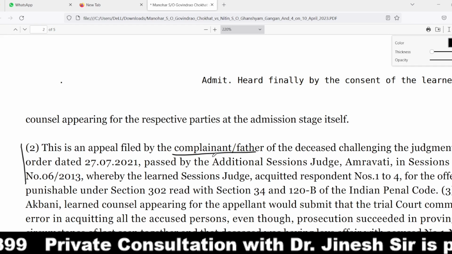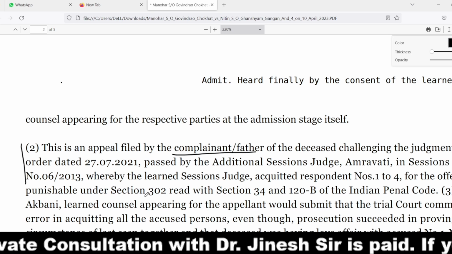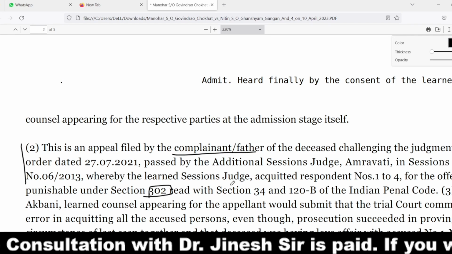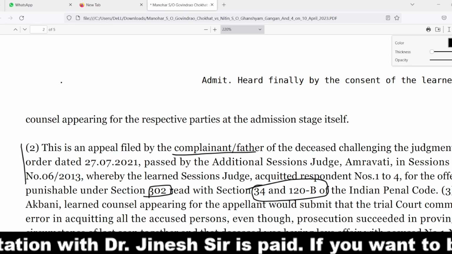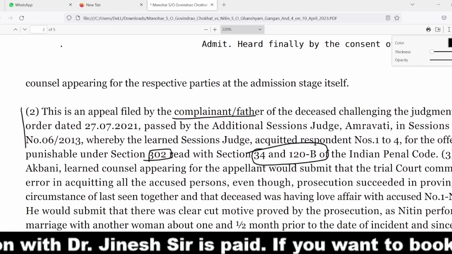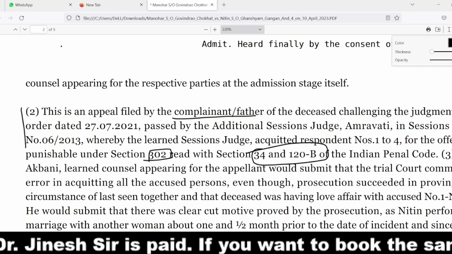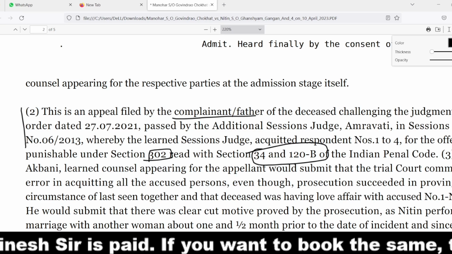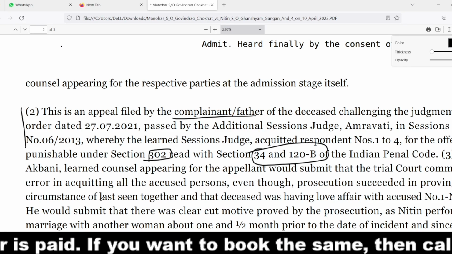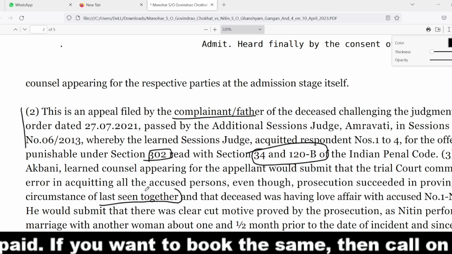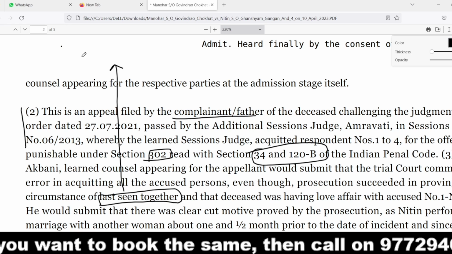In this case, the accused person has been prosecuted for the offence punishable under section 302, that is, for murder, and section 34 with 120B of IPC. It is submitted by the appellant that the trial court has committed an error in acquitting the accused person. Even though the prosecution succeeded in proving the circumstance of last seen together, because it is usually emphasized in murder cases, the key point is that last seen does not mean conclusive proof.